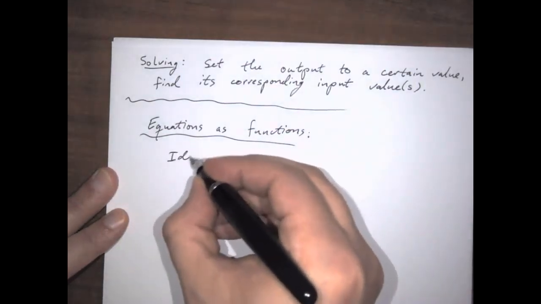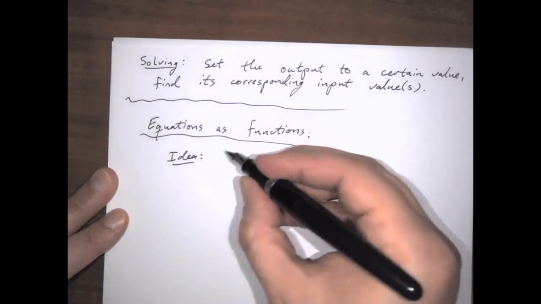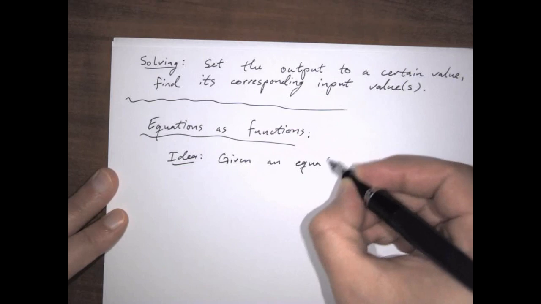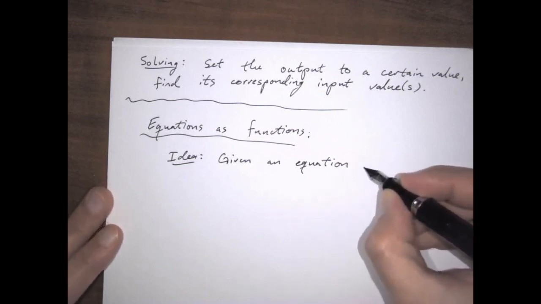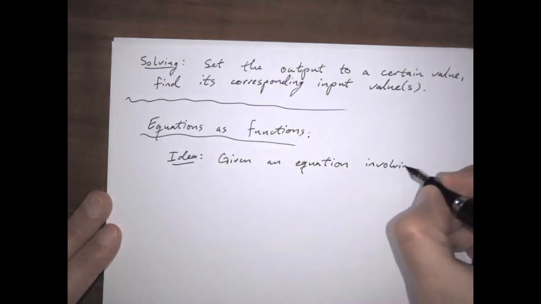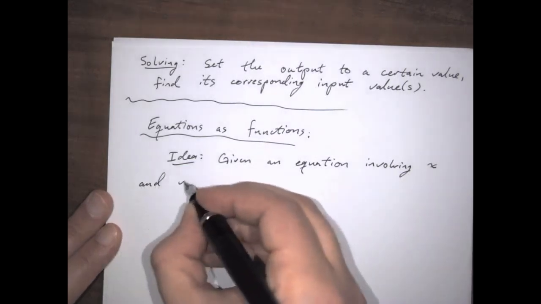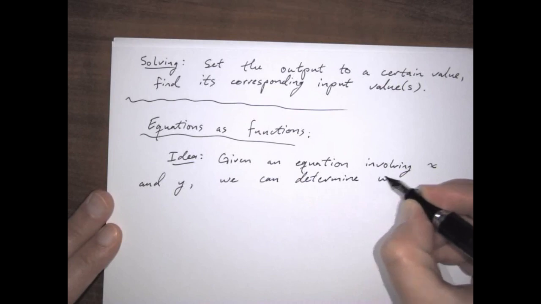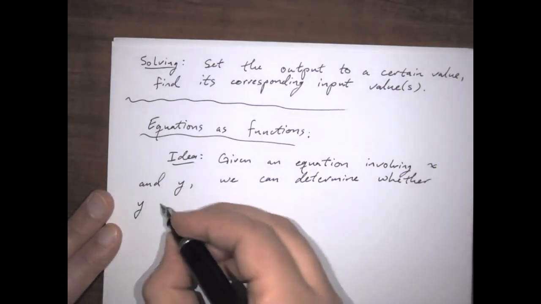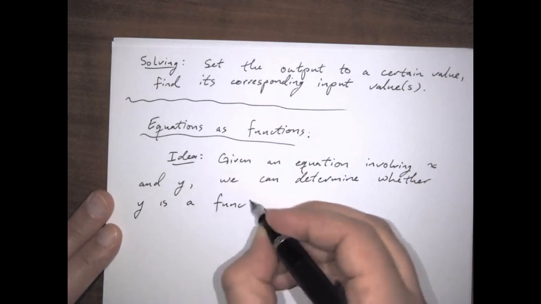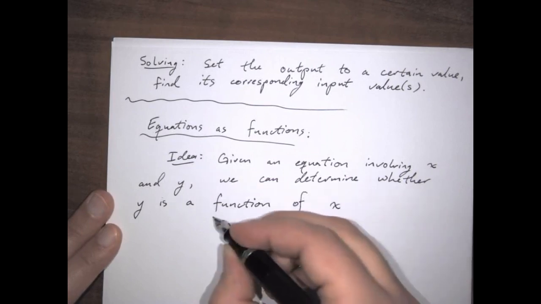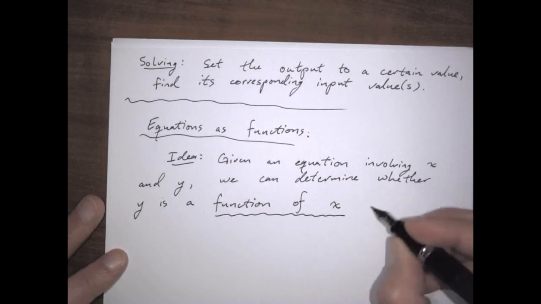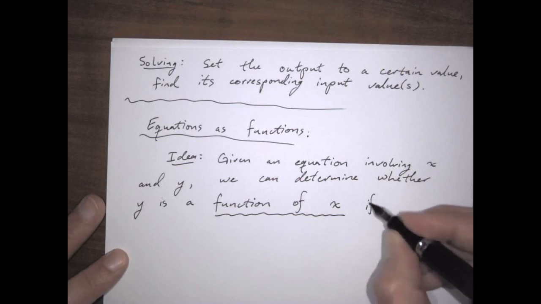The idea here is that if we are given an equation involving x and y, we can determine whether y is a function of x, and by that what we mean is y would be the output, x would be the input.